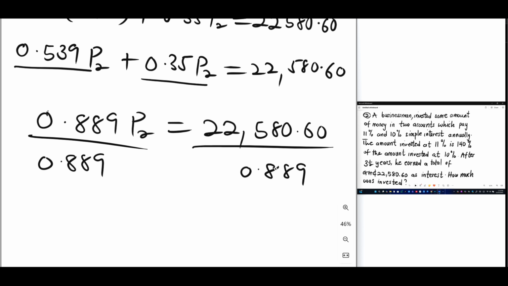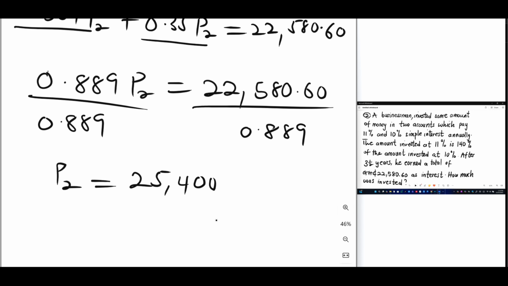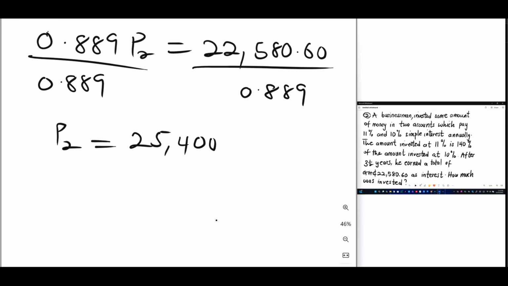Right. So our P2 is equal to 25,400. This is the value that we obtain for P2.